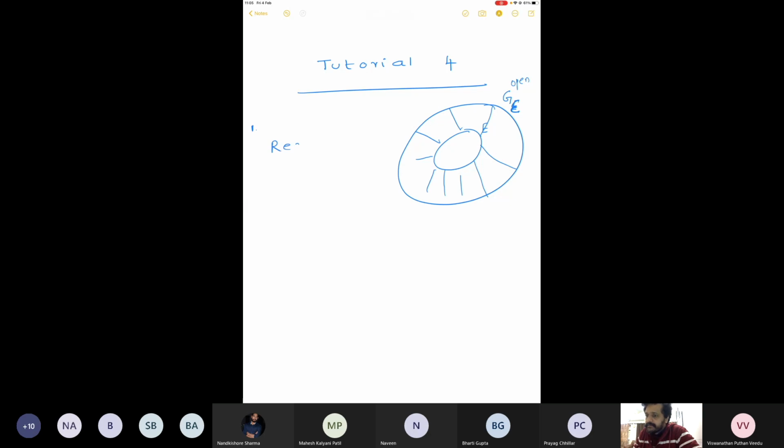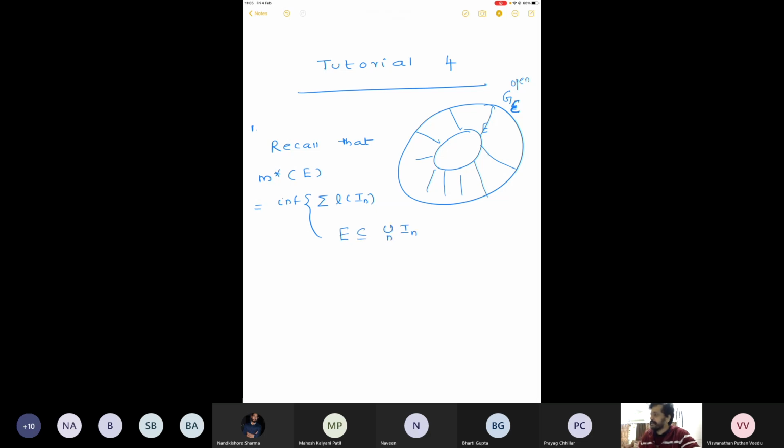Recall that m star of E by definition is the infimum of summation of L of In, where E is contained in the union of In.